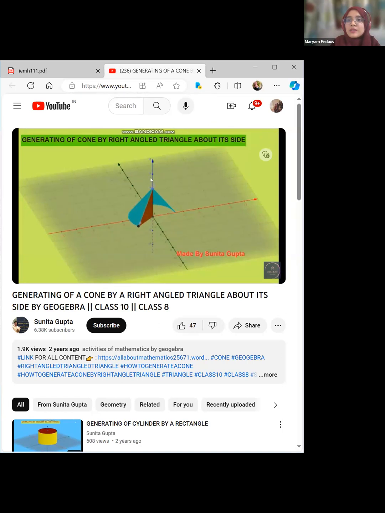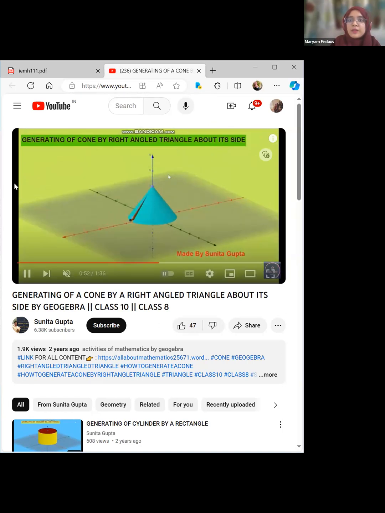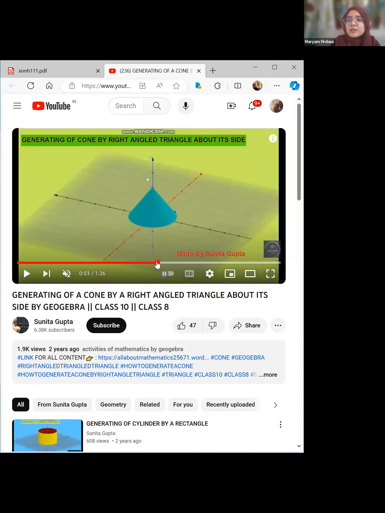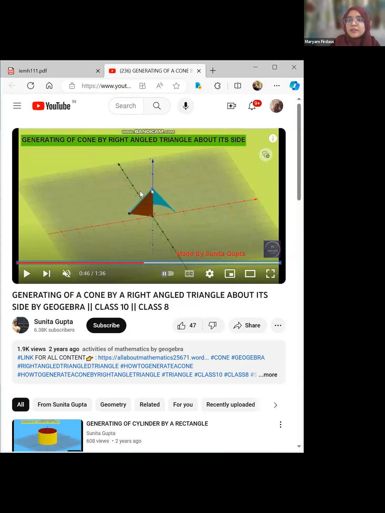And as you can see, it is forming a cone. Now let's just see it over here. Which part of the triangle was making the slant height of the cone?